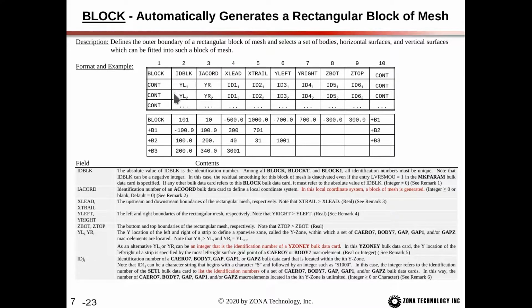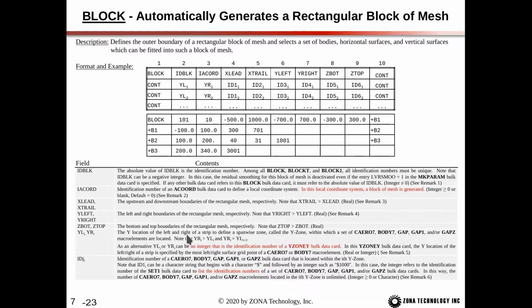Next we have an open-ended input to define all of our Y zones. So each row of this open-ended input corresponds to one single Y zone. So our YL and YR are the left and right hand side boundaries of this Y zone. And we have two different ways of defining the boundaries of each Y zone.